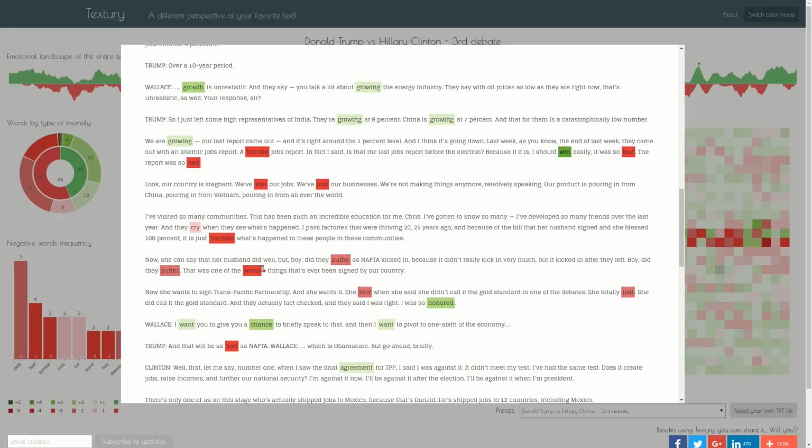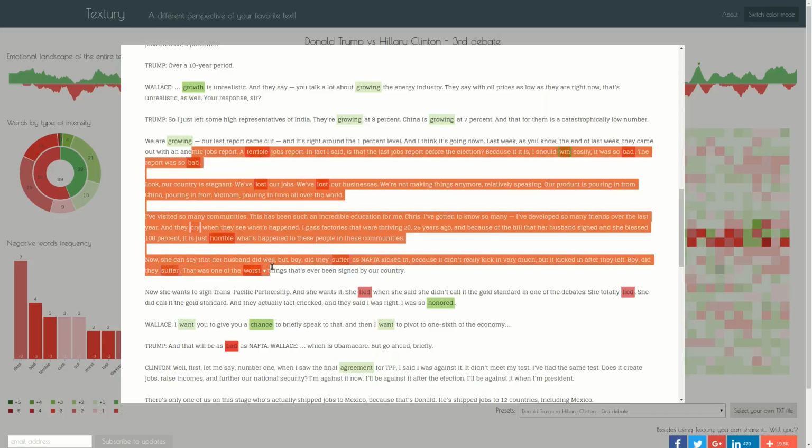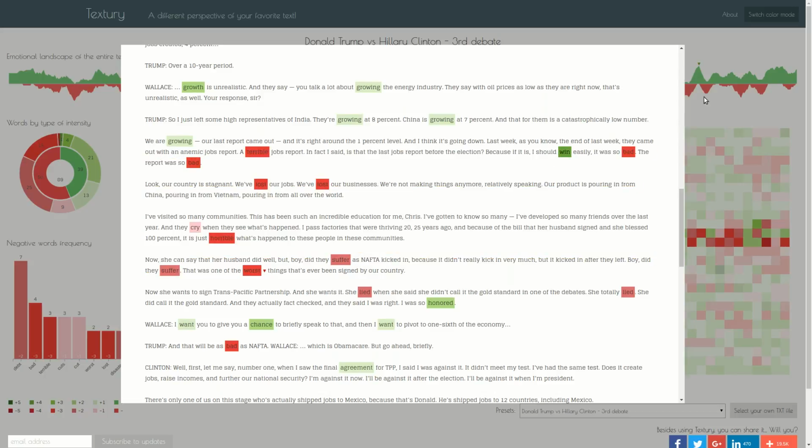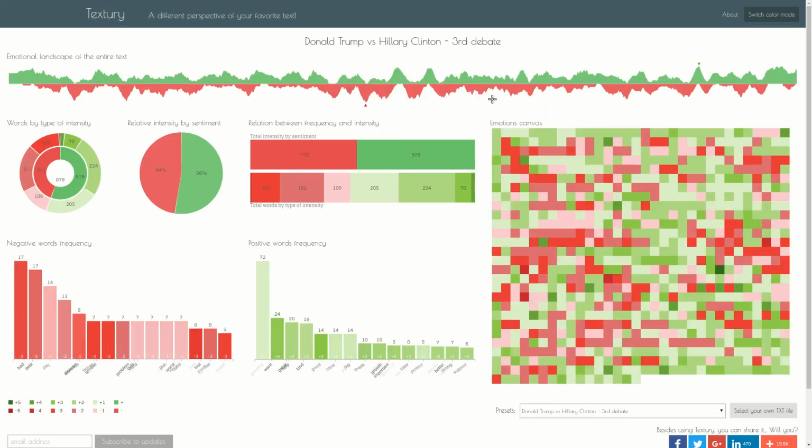And by this I mean that the concentration of strong negative words per a specific volume of text is the highest over here. So you can see that this chunk of text marks the highest negative intensity of the text. So this is it actually.